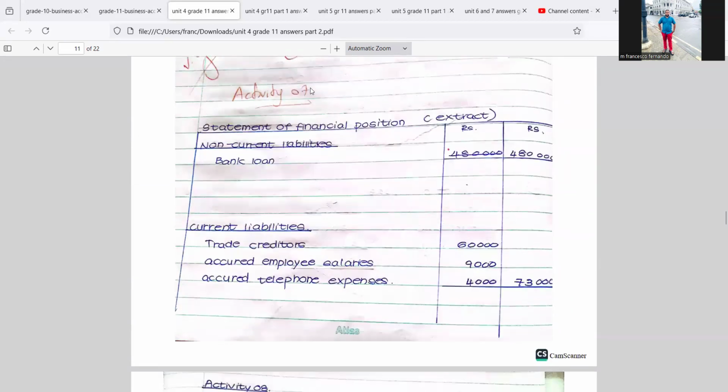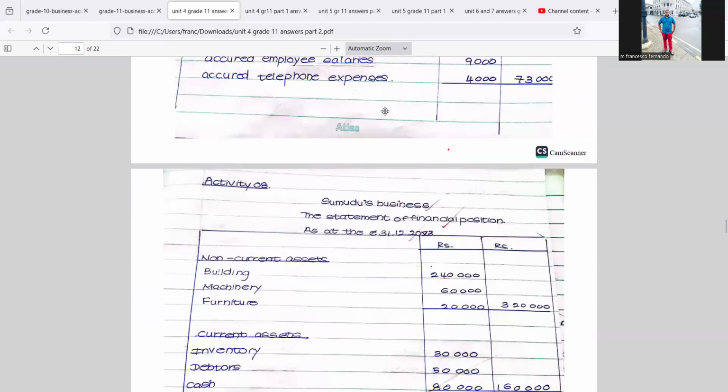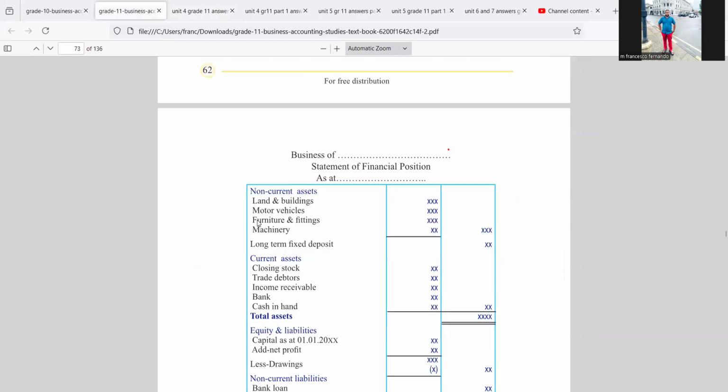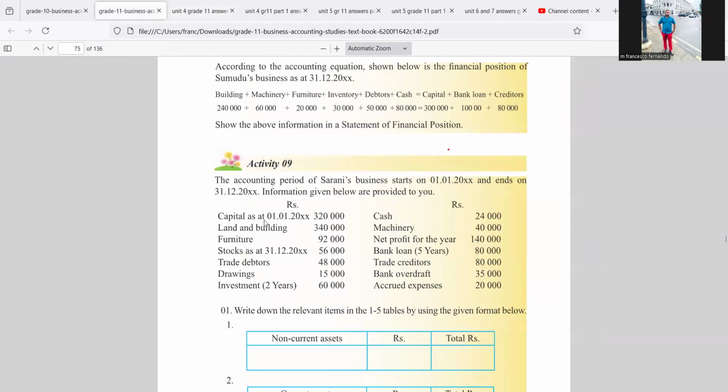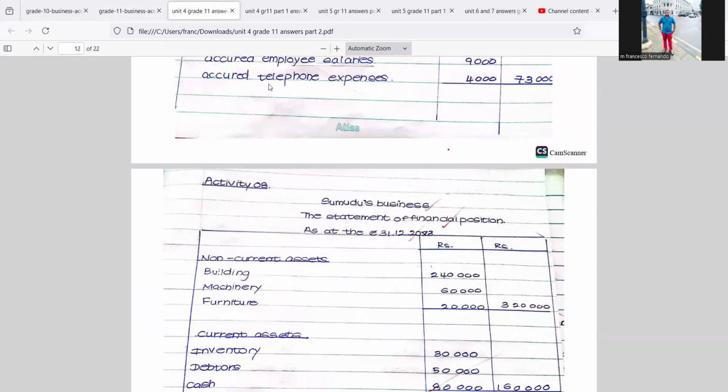Then if you come to activity 7, it is a question from liability. Here the non-current liability is the bank loan and all these three are current liabilities. And in activity 8, it's asked to prepare a SOFP. It's very easy.